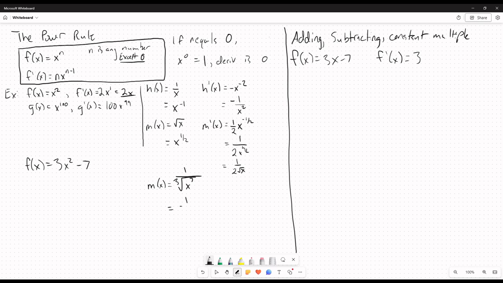Well, that's just 1 over x to the power of 7 over 3, which we can move from the denominator to the numerator by making the exponent negative. That's x to the negative 7/3, which means that the derivative, and now this is where subtracting by 1 becomes a lot harder than you thought it would be, is going to be negative 7/3 times x to the power of negative 7/3 minus 1.